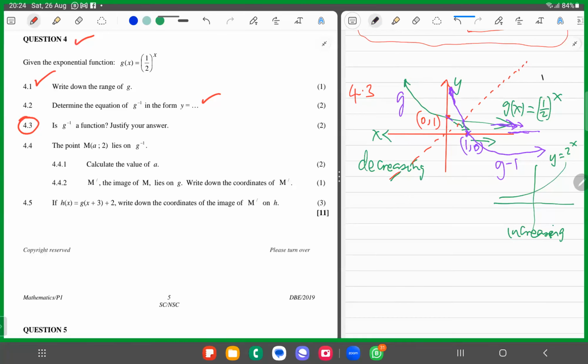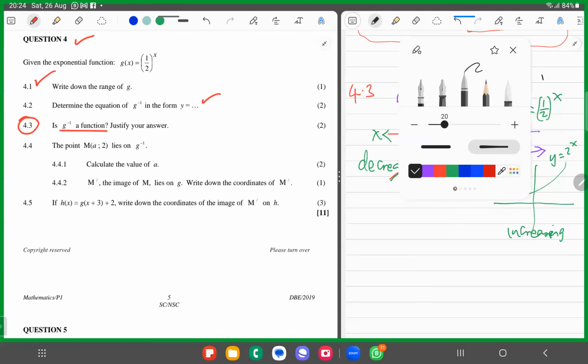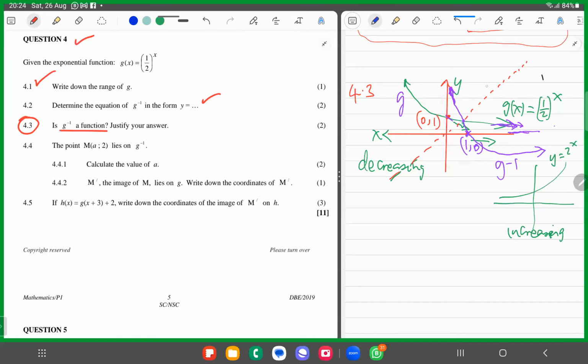So the examiner is saying, is g inverse a function or not? To know if it's a function or not, we need to draw a vertical line through it. Let's just draw a vertical line, like this. Looking at the purple graph, you can see that the vertical line cuts the purple graph at 1 point only.